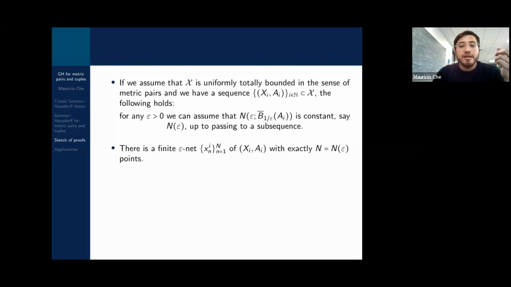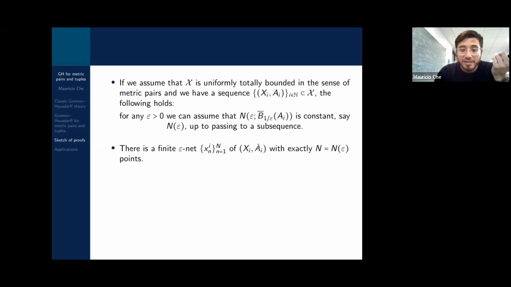Then what we do is, what is the meaning of this? What does it mean that these spaces have a constant covering number? Well, it means that for each one of these, here there is a typo.